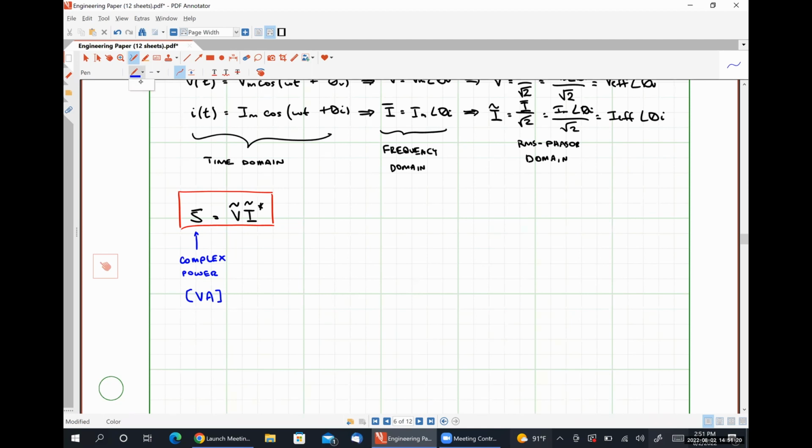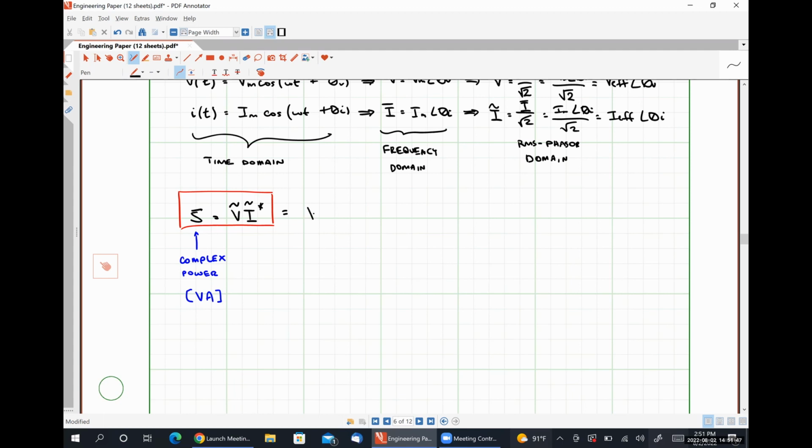Now, since our complex power is the product of the multiplication of complex numbers, it is going to be a complex number itself. We can represent this complex number either in polar form or rectangular form. So let's start with the rectangular form representation.